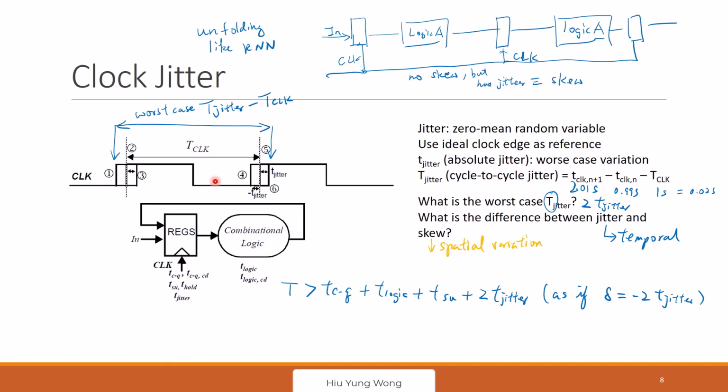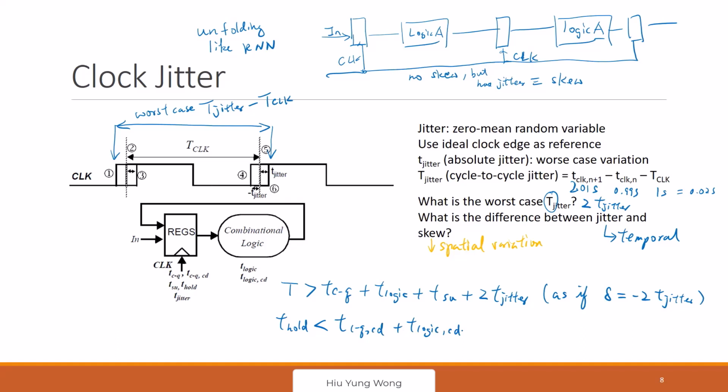Just like the conductor, as I said, the conductor won't be exact when you wipe the conductor. I assume that is called the rod. What do you call the rod, right? So similarly, even without understanding, you will know that hold, smaller is worse. It's going to be smaller than T clock-to-Q contamination delay plus T logic contamination delay.